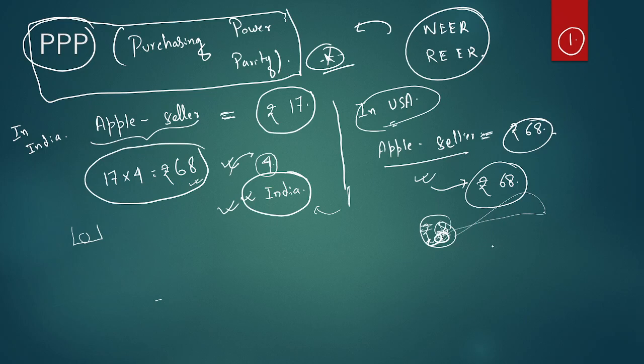Let us assume the exchange rate between the US dollar and rupees is $1 = 68 rupees. This is not the correct figure, just assume it. Can we say that now $1 is 17 rupees?